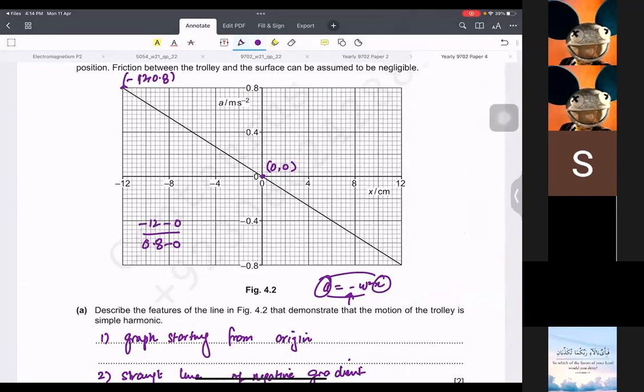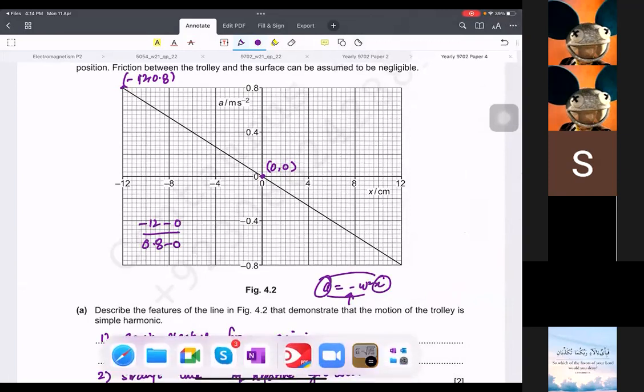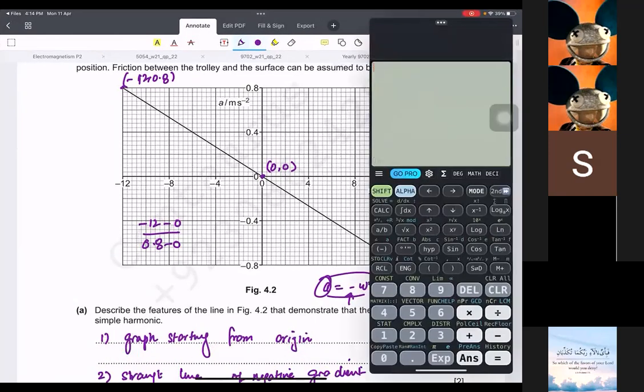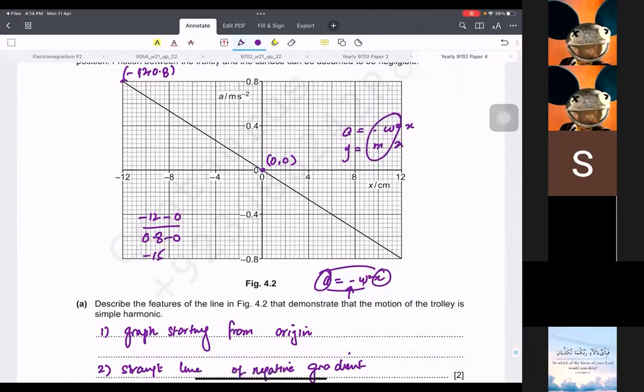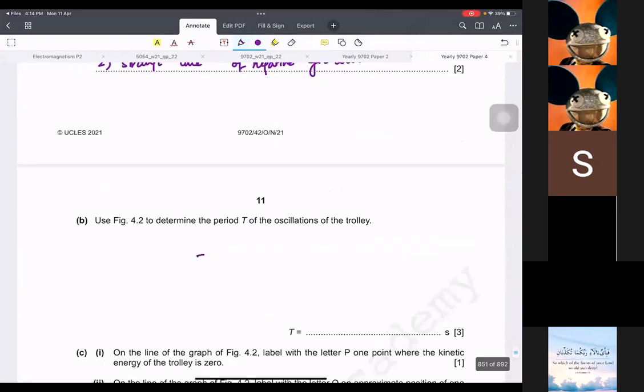Okay, so the gradient is going to be this, minus 12 divided by 0.8. So this is going to be minus 15, right? Now, how do I know the gradient is equal to this? Because I can put it like mx. So that is the gradient. So minus 15 equals minus omega squared.